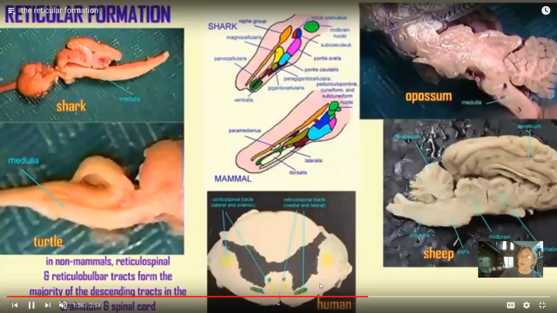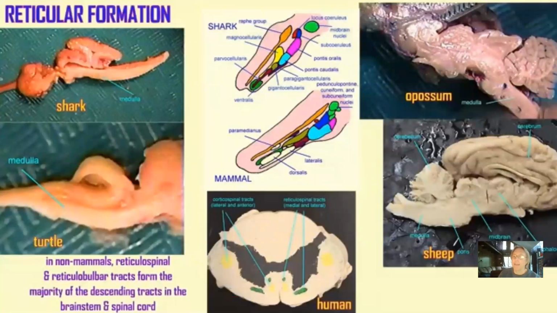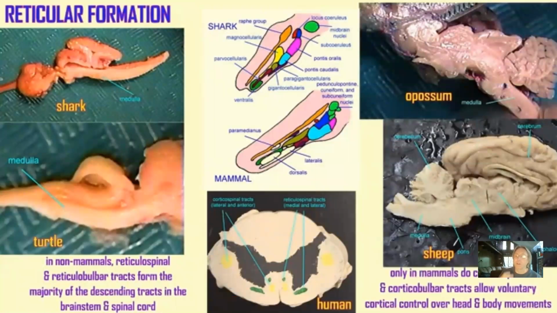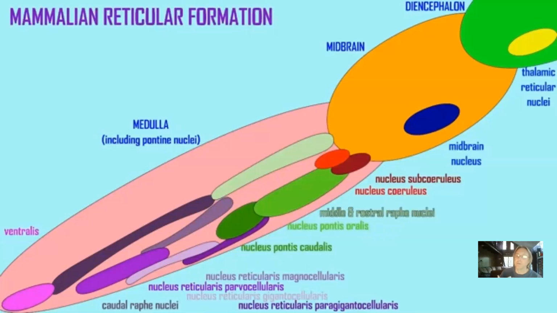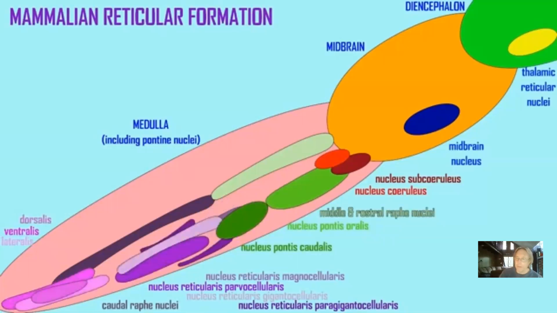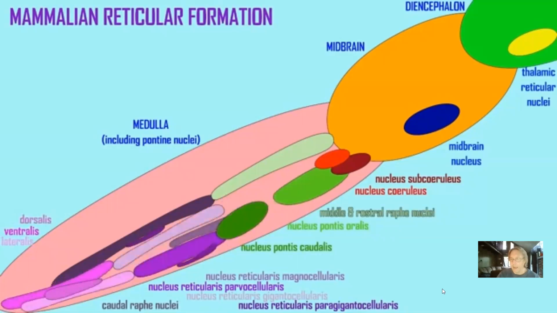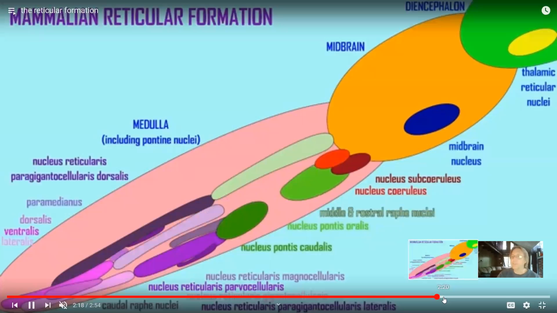Now, if you recall, through the spinal cord, there was a descending tract, then known as the reticulospinal tract, coming from the reticular formation, then going to the spinal cord, and it was responsible for involuntary movements of skeletal muscles.